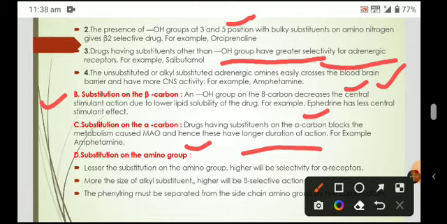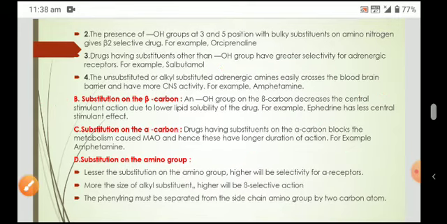Regarding the amino group, which type of substitution is important? The lesser the substitution on the amino group, the higher the selectivity for alpha receptors. The larger the size of the alkyl substitution, the higher the beta selective action. The phenyl ring must be separated from the amino group by 2 carbon atoms.